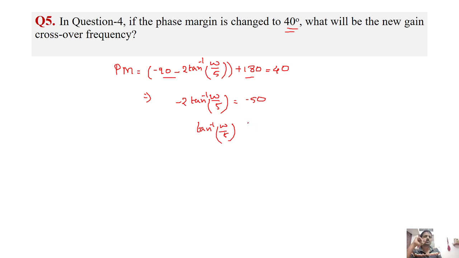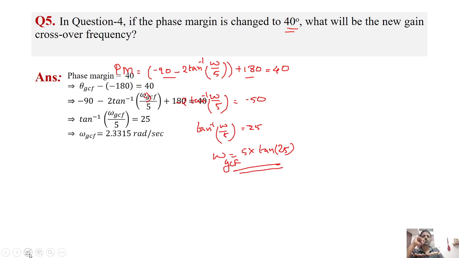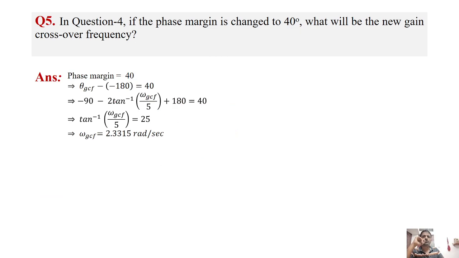So that is 25, so omega equals 5 into tan 25. This is the new gain crossover frequency. Let me check the value. I substituted the phase margin as 40 and found omega GCF.